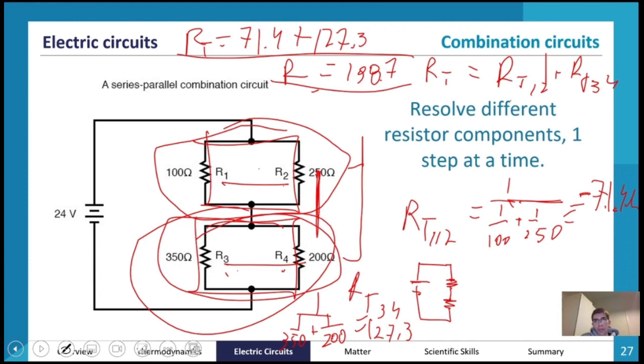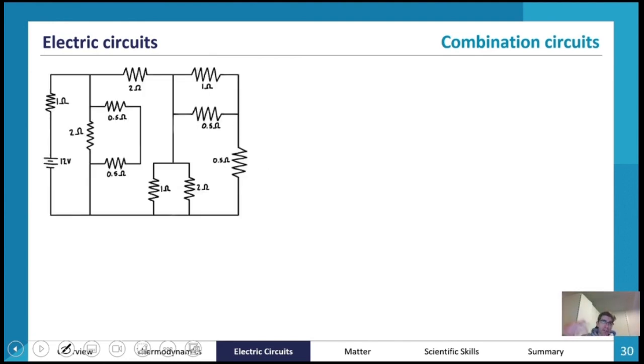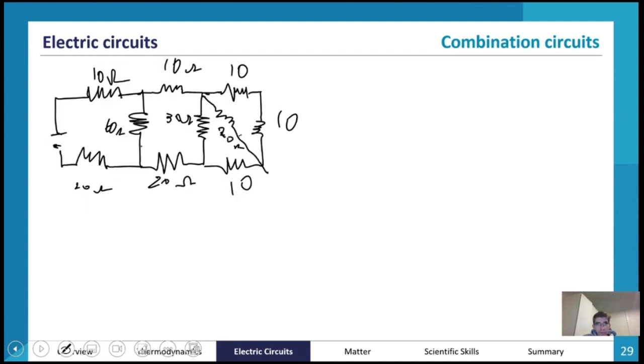How about this example? This example is a little bit more complicated, and it's going to take a little bit more time for us to cover. And this one is more complicated, and this one is even more complicated.